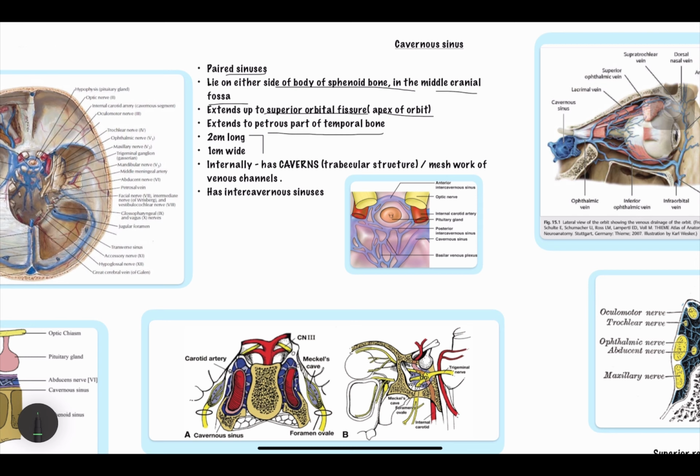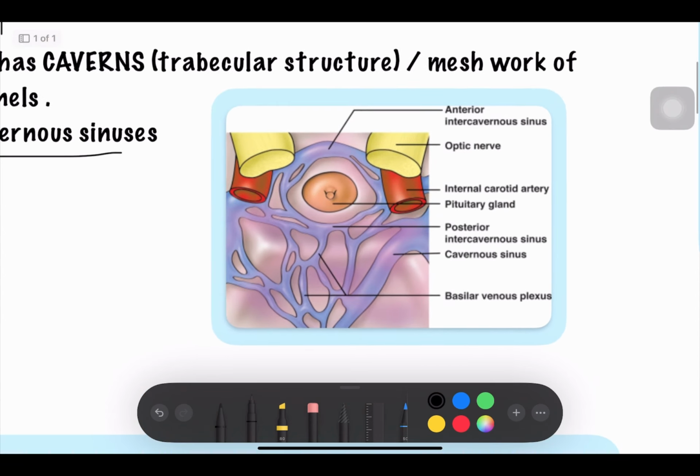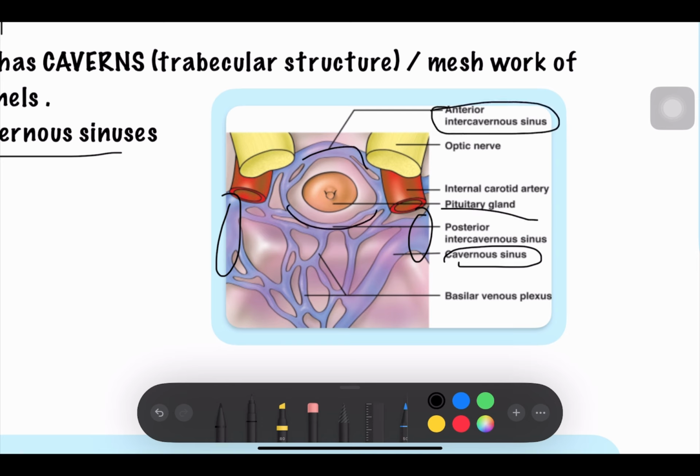It also has intercavernous sinuses, which connect the two cavernous sinuses. Here we can see the cavernous sinus present on either side of the body of the sphenoid bone, connected by the anterior intercavernous sinus and the posterior intercavernous sinus. And beneath lies the basilar venous plexus.